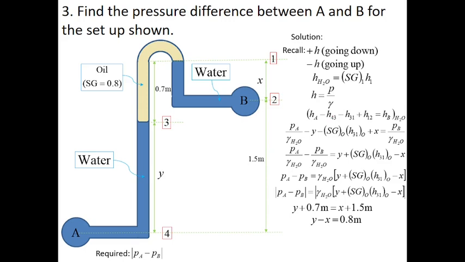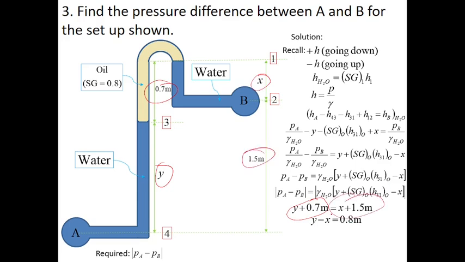Take note that we have a problem: we don't have Y and we don't have X. But don't worry, we have the figure. Y plus 0.7 meter equals X plus 1.5 meter.